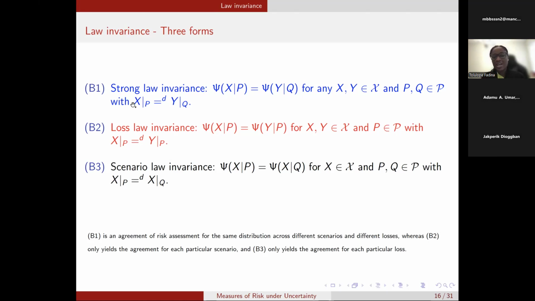I have X and Y with the same distribution, then they should have the same risk value, irrespective of the scenario model.